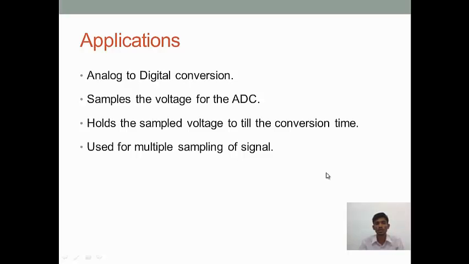Also, sometimes we have to sample the voltage more than one time, so we use the sample and hold circuitry. Mainly the sample and hold amplifier is designed and developed for the ADC.